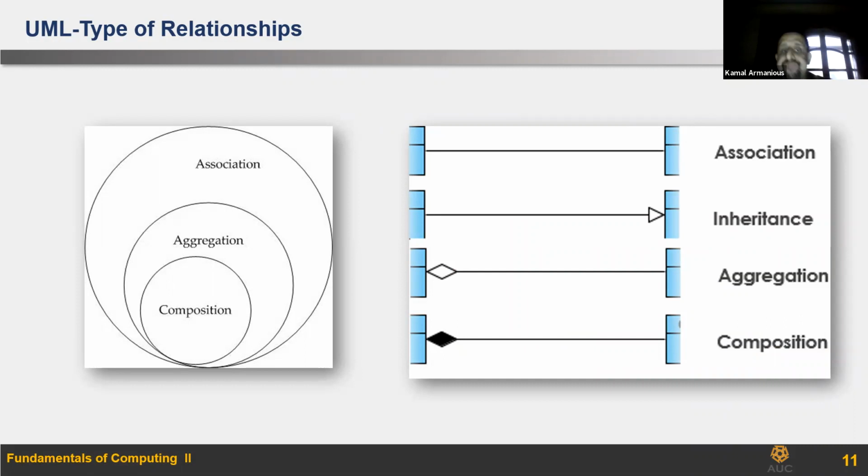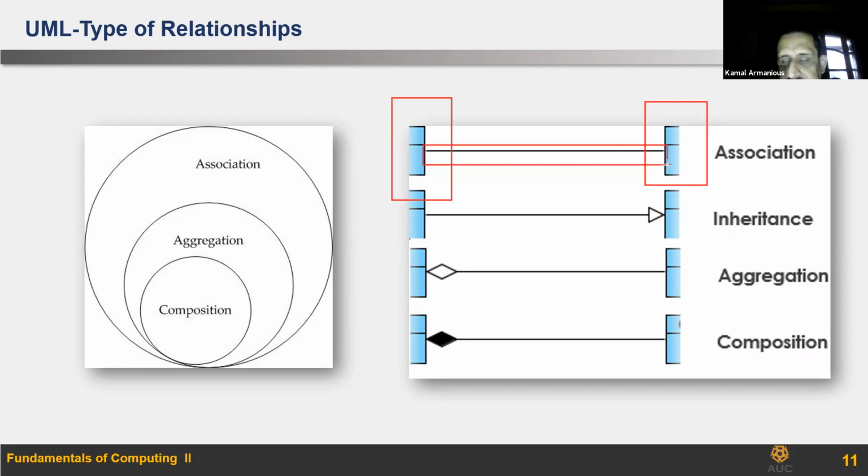So association, this is a class, and this is another class, and this line denotes that there's a relationship between those classes. Inheritance means this is the parent, and this is the child.